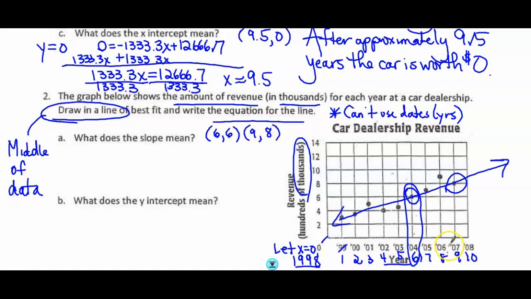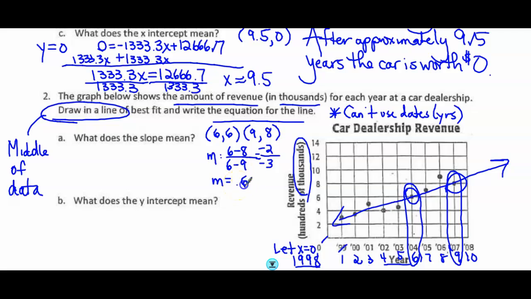So this is 9 years since 1998, and that is 8,000. So, you got to find the slope. M equals 6 minus 8 over 6 minus 9. It gives me negative 2 over negative 3, but remember I want you to divide this. When you divide it, you get 0.6 repeating.